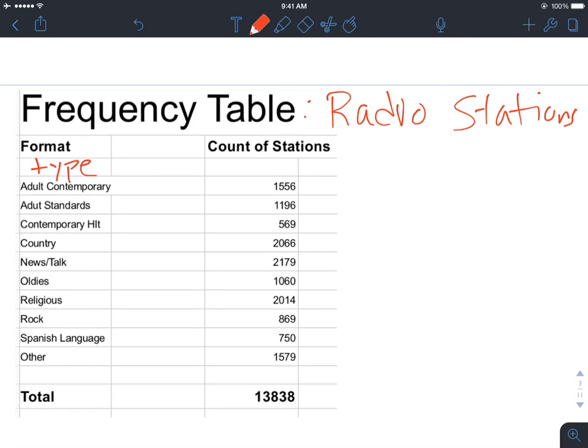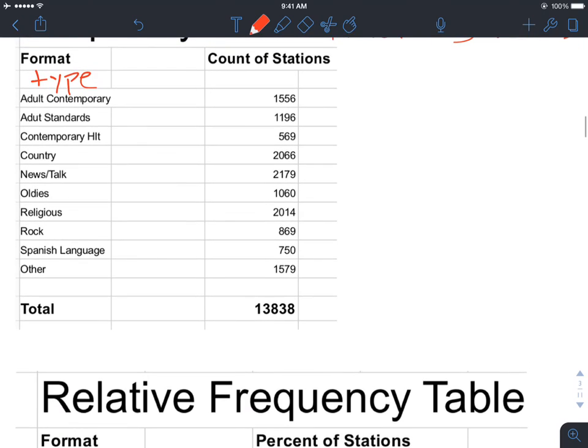To turn a frequency table into a relative frequency table is quite simple. We will want to do that to look at percents. So for adult contemporary, you do 1,556 divided by 13,838, and that would give you 11.2%.